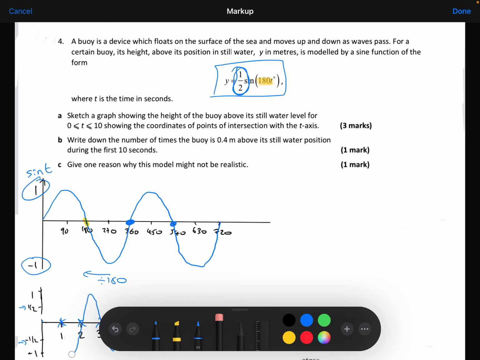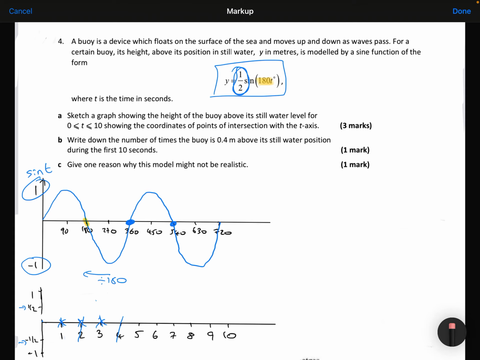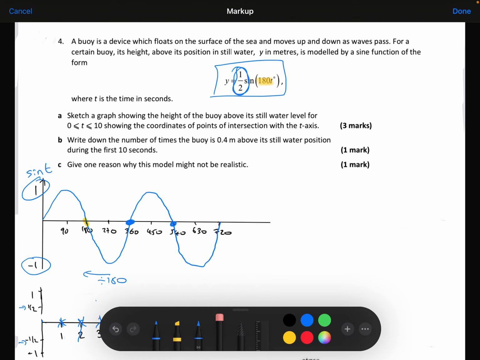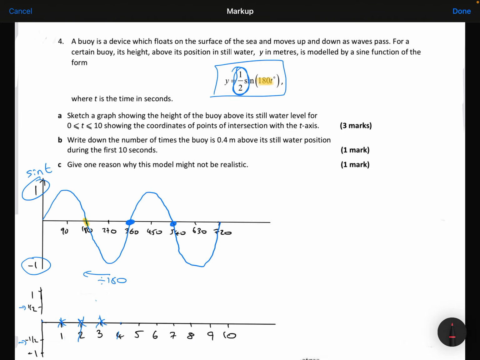Let me just rub out this old bit. So it's going to be going up to 1/2 at 1/2, down to 0 at 1, down to -1/2 at 1.5, up to 0 at 2, up to 1/2 at 2.5, down to 0 at 3, and so on.